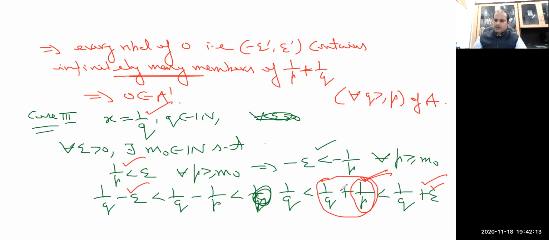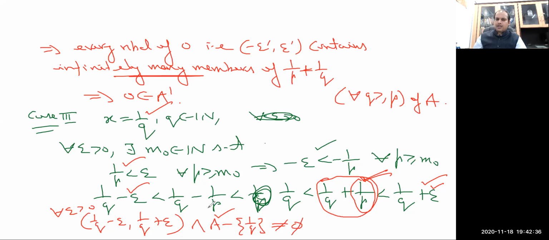So we have that for every epsilon greater than 0, every neighborhood of 1 by q, its intersection with the set A minus 1 by q is going to be non-empty, because A already contains elements of the type 1 by p plus 1 by q, and here we have proved that every neighborhood of 1 by q will contain infinitely many members of the type 1 by q plus 1 by p.